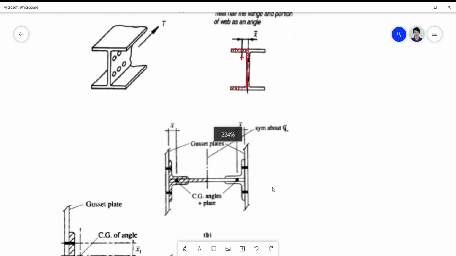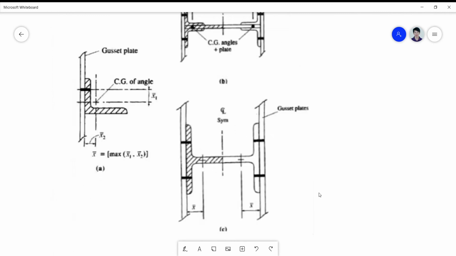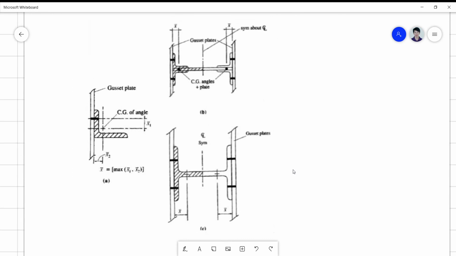And if you have a built-up section like this, or an angle bar, therefore your X bar will simply depend on the location of the centroid of 1/2 this part here to the plane of load transfer, which is this connection.